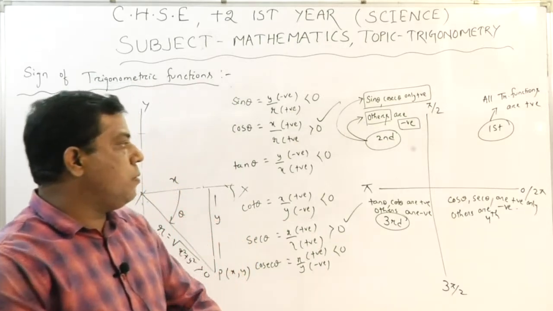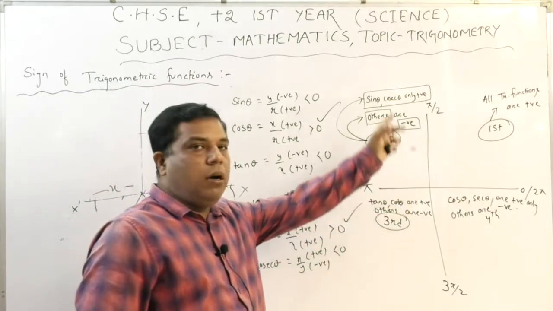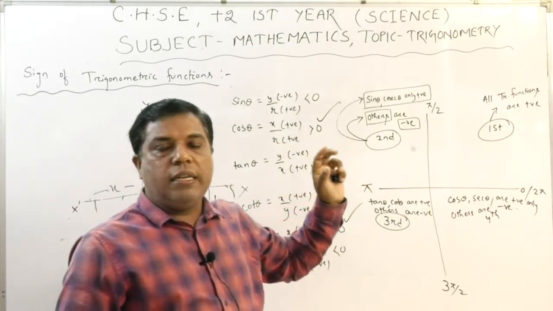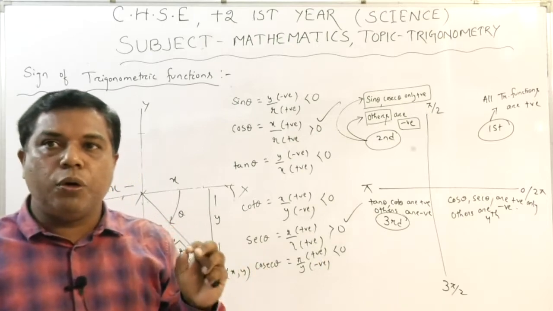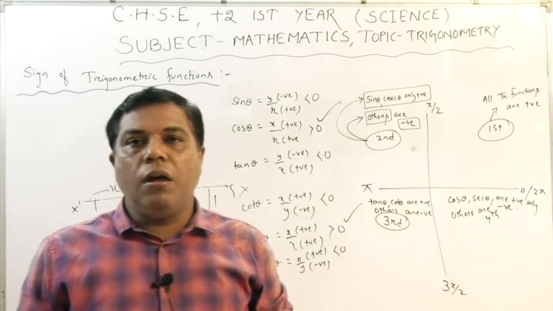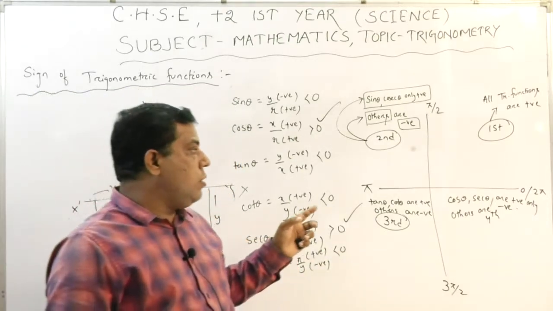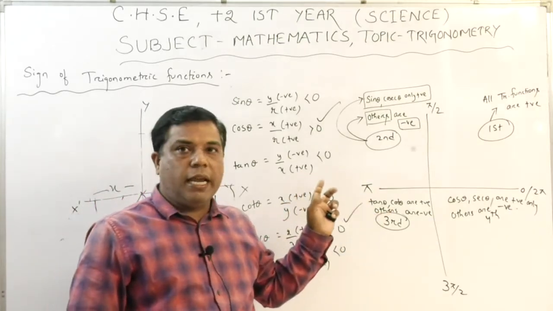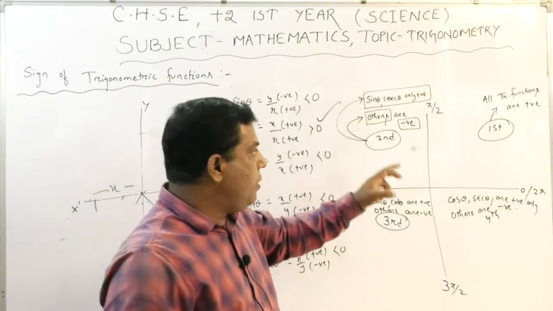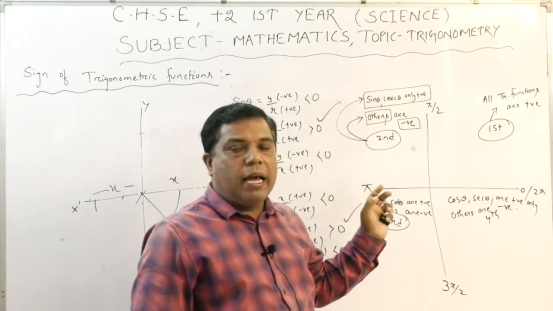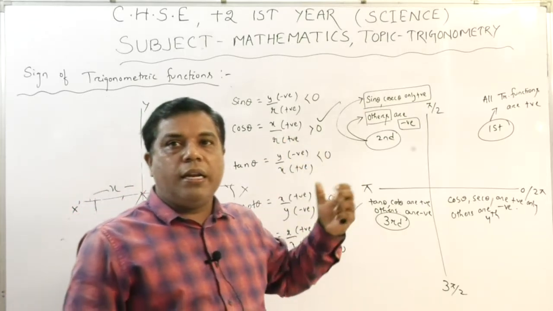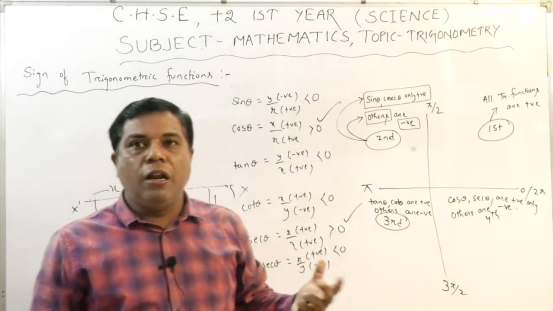Okay, dear students, from this we get the concept that cos theta and sec theta are the only ones taking a positive sign in the fourth quadrant, whereas the others take a negative sign. So with this concept we have clarity about the trigonometric signs in different quadrants.